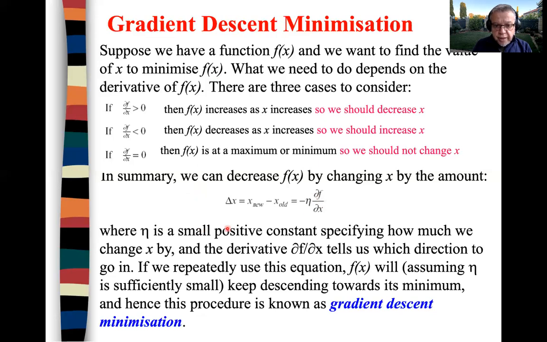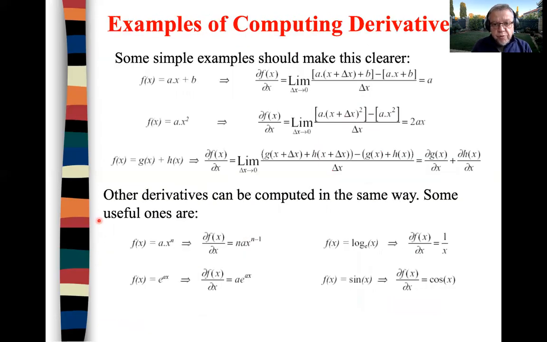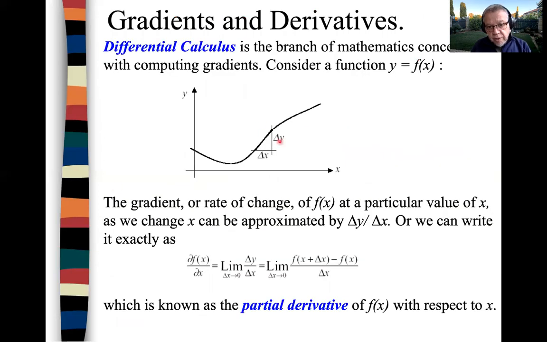This eta is a small positive constant which specifies how much we change x by, so it is the learning rate in our learning algorithm, and the gradient tells us which direction to go in. Should we go this way to look for the minimum, or this way?